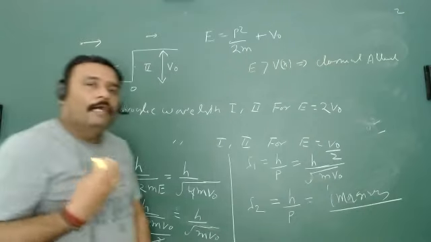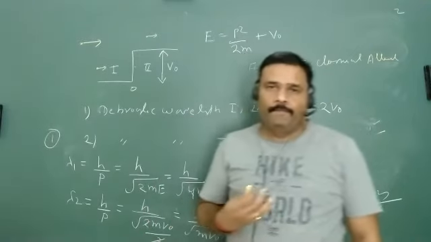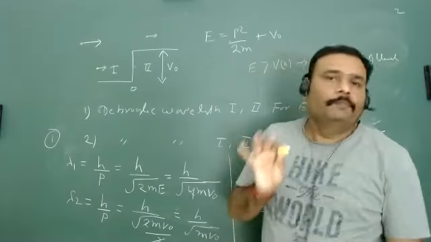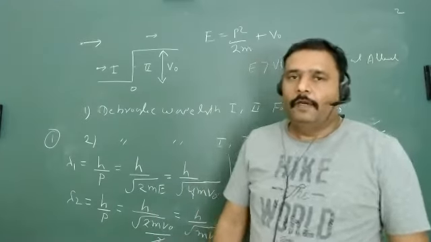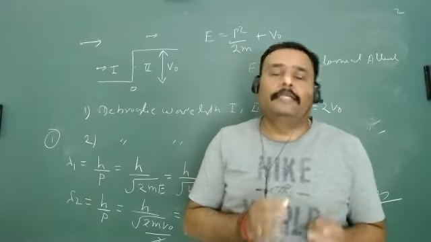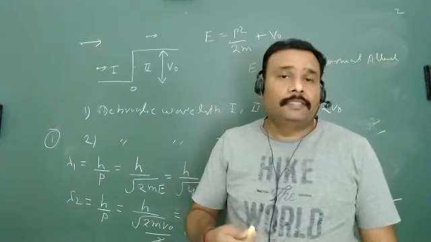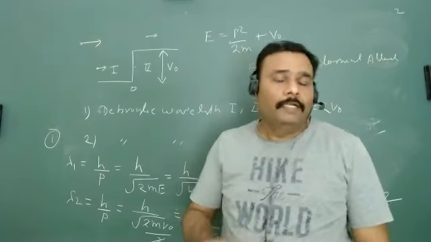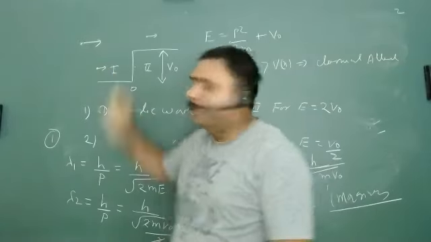So if you are finding a real de Broglie wavelength from the calculation, what is the meaning of that? It means your particle is actually in the classical allowed region, because momentum is real. And momentum being real means you can find this particle.